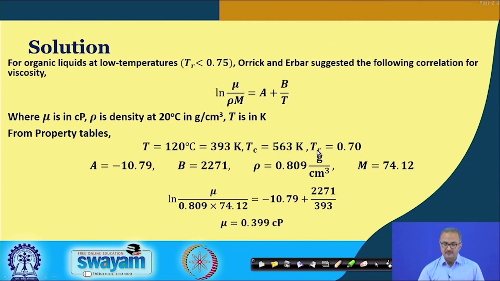Once you obtain the Tr value, you get the values of A, B from the source book, and rho is also given there, along with the molecular weight. Plug the values into this correlation with A, B, rho, m, and now you are able to get the value of mu in centipoise. You can see that this is coming in centipoise, and for the vapor it was coming in micropoise.